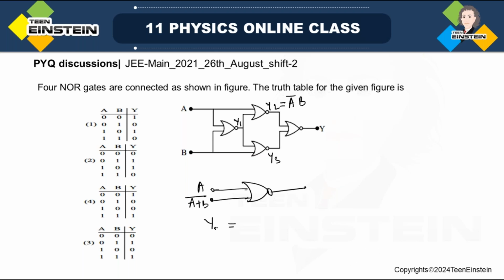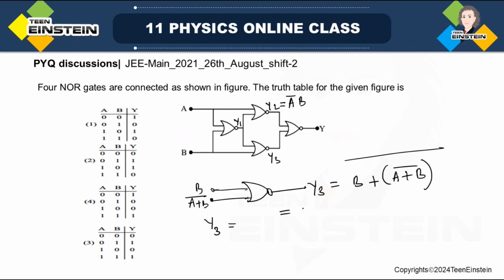So Y3 will be, see, one input will be B, another input will be this one. So Y3 will be B or A or B bar and whole bar of this.